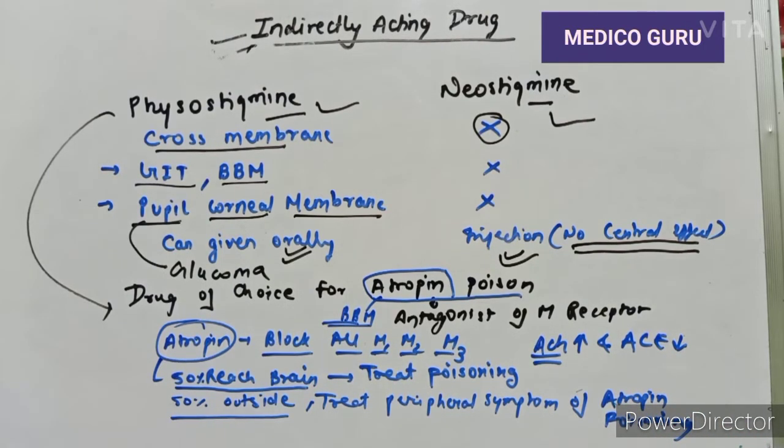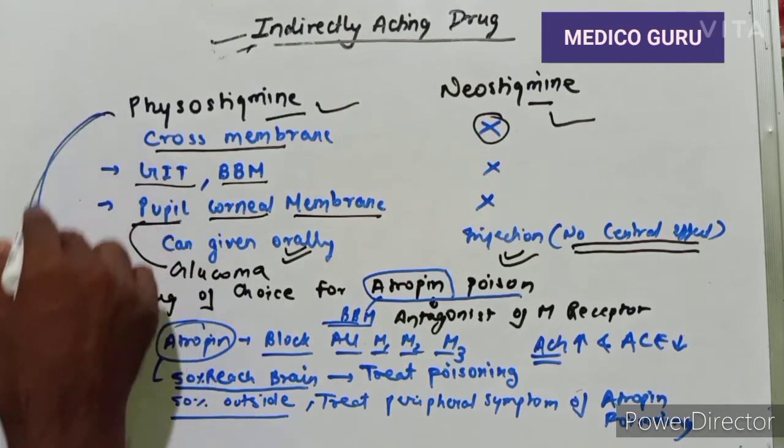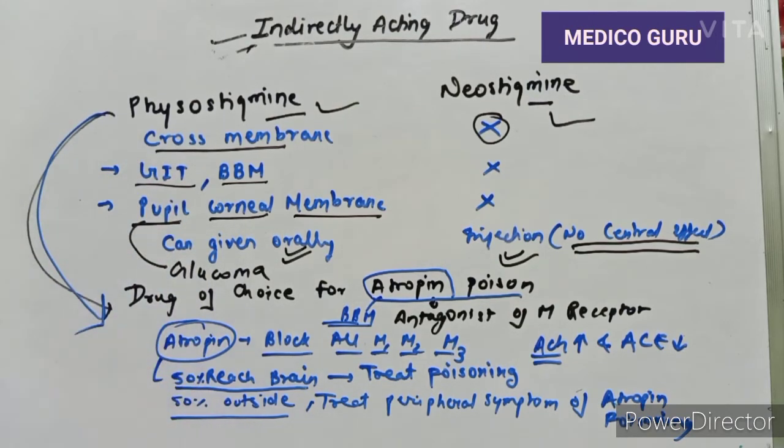To decrease acetylcholinesterase, we can use the drug physostigmine. By reaching the brain it treats the poisoning, and outside it treats the peripheral symptoms of atropine poisoning.